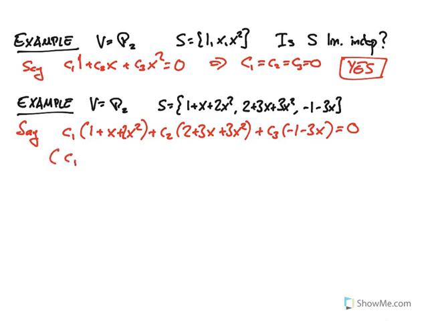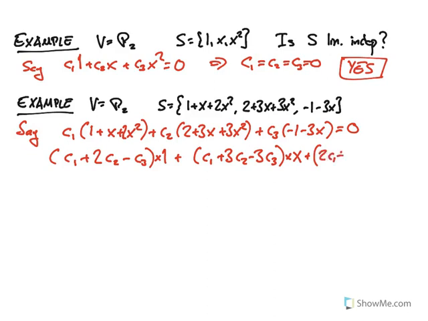What we need to do here is collect the coefficients. So that has to be 0. This is the coefficient for the constant function. Then what's the x? We have C1 plus 3C2 minus 3C3 times x. And then for x squared, we have 2C1 plus 3C2. So that has to be 0.